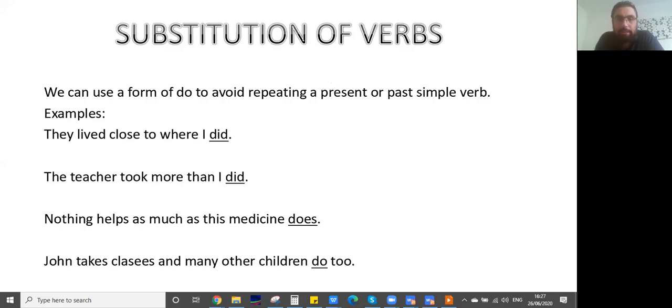Okay, took. Excellent. Number 3, nothing helps as much as this medicine does. So what's does here in number 3? Helps. Excellent. Good stuff, guys.